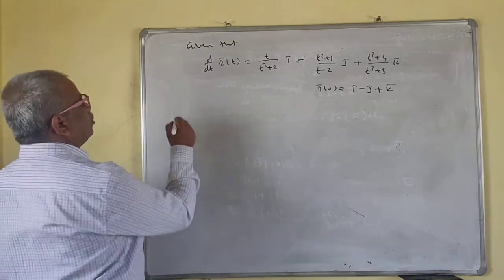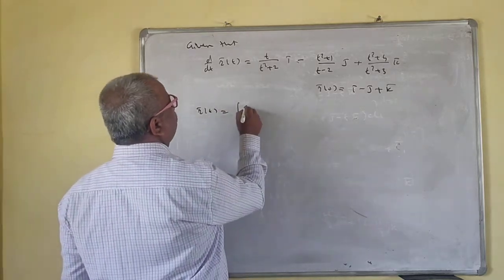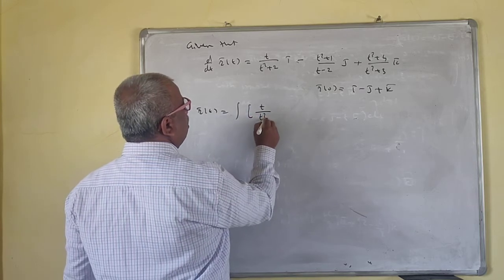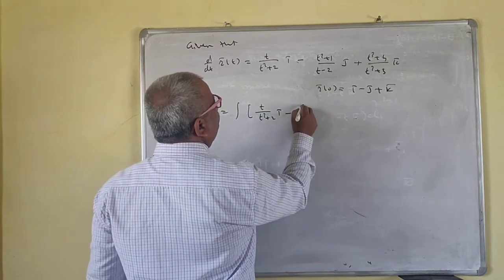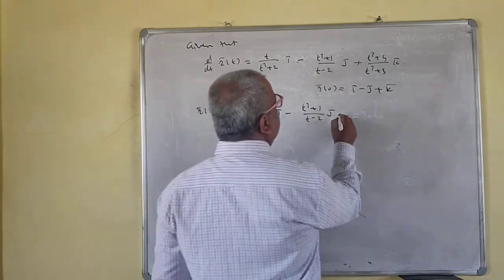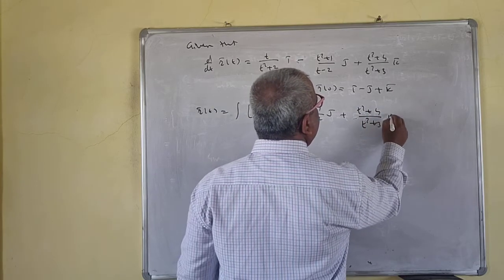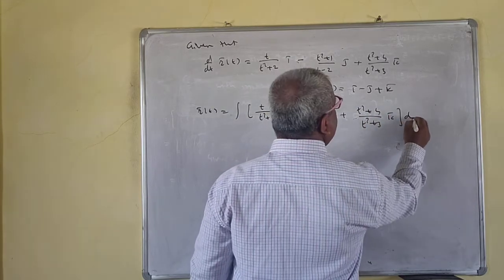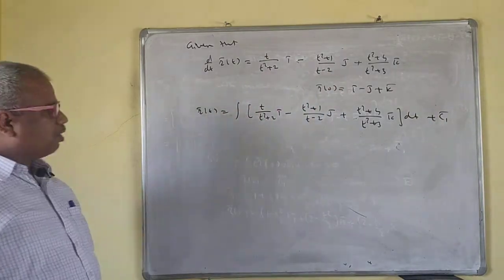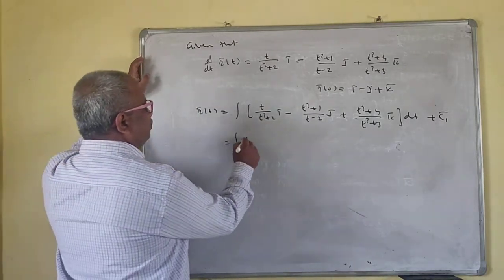So r bar of t is equal to the integration of t upon t square plus 2 I bar minus t square plus 1 upon t minus 2 j bar plus t square plus 4 upon t square plus 3 k bar dt plus c1 bar. You may write it here or after the integration, no problem. So this is directly integrable, so we'll write this.